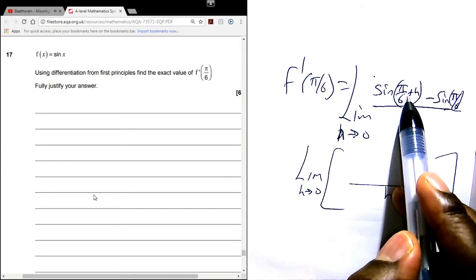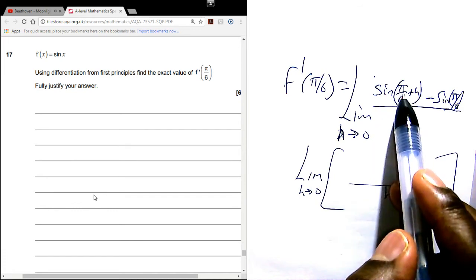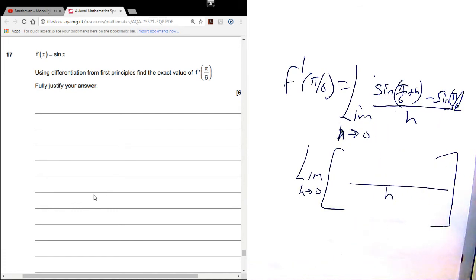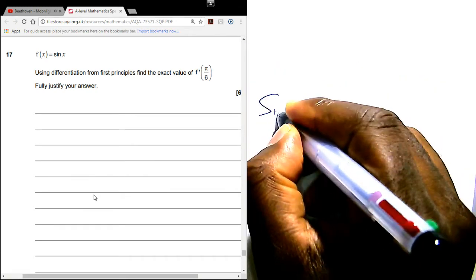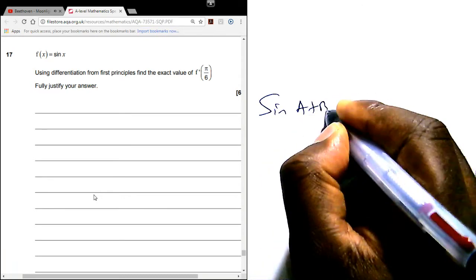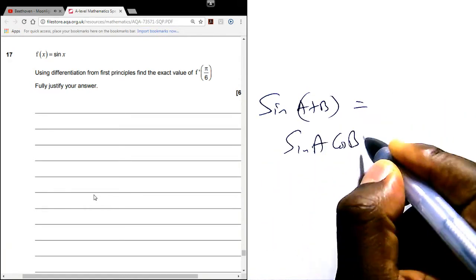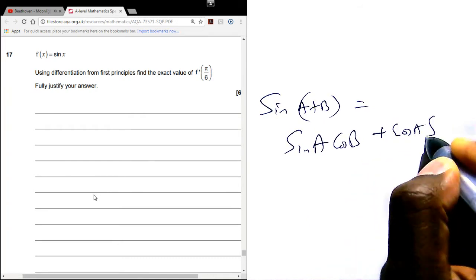Now let's break this down as we do with trigonometry. You have sine a plus b, and from your formula sheet again you would see that sine a plus b should give you sine a cos b plus cos a sine b.